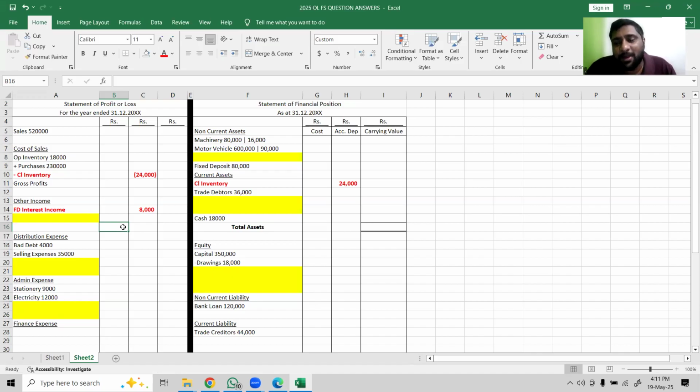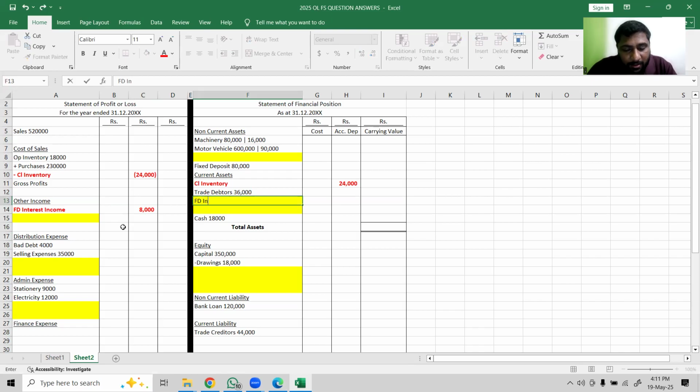This income, in no place have they mentioned that we have received it. So it's a receivable for us. We should receive it. FD interest income receivable, if not, accrued interest income, whatever. Both names are correct.